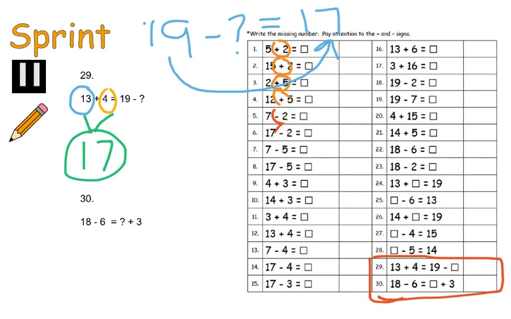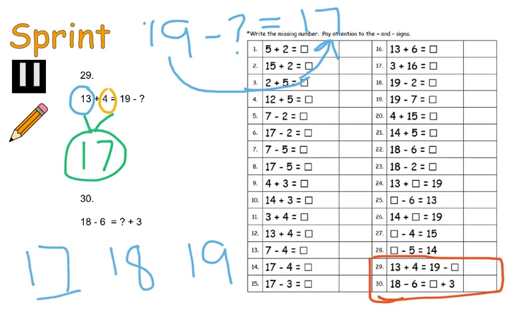Right, the number got smaller, so we're going to count back. We're going to count down to 17. So it's going to go like this, 19, 18, 17.